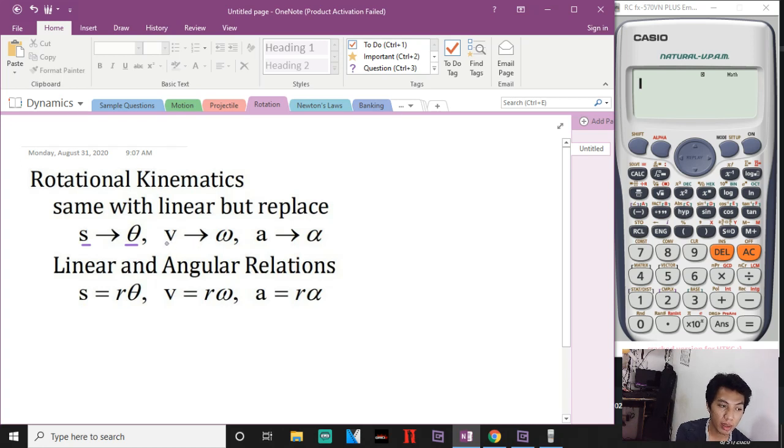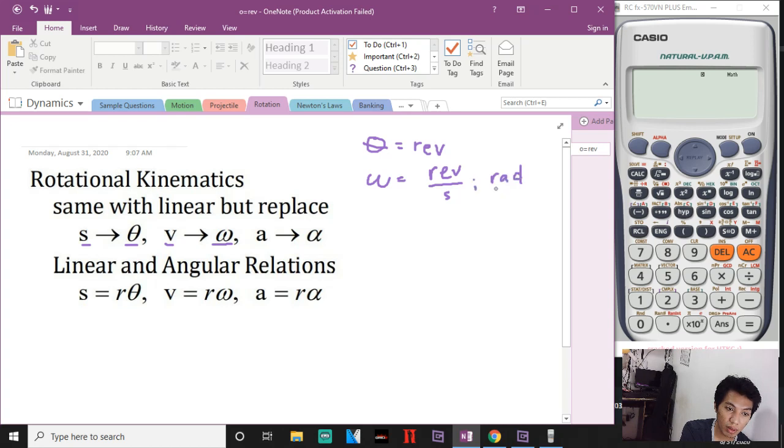Okay? Ito naman, velocity. Now for the speed, ang tatawag natin dyan, that is the angular velocity. Okay? So this is theta, ito omega. Yan, sign niya omega. So ano naman yung measurement niyan? If this is theta, it is in revolutions. Ito namang omega mo, that is in revolutions per second or rad per second or RPM, revolutions per minute.